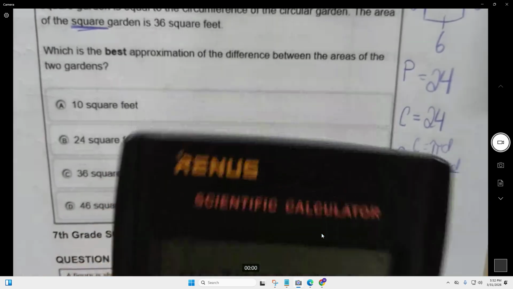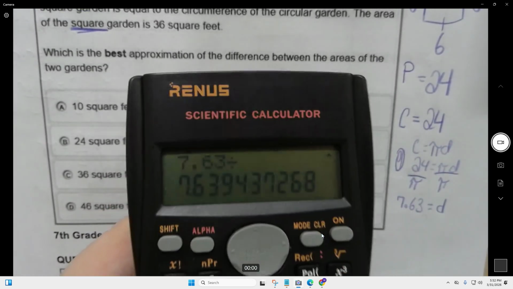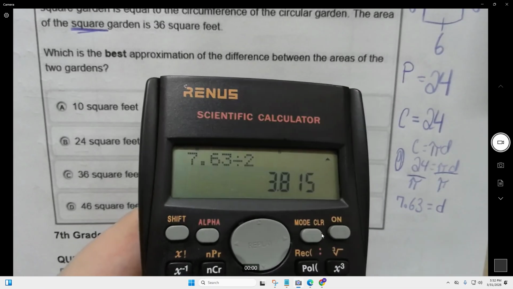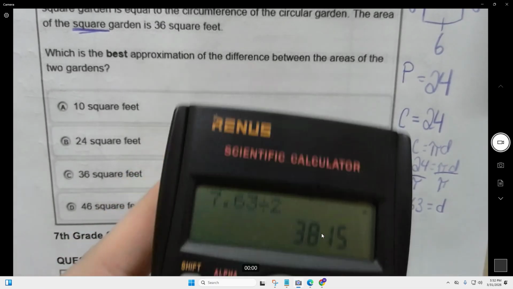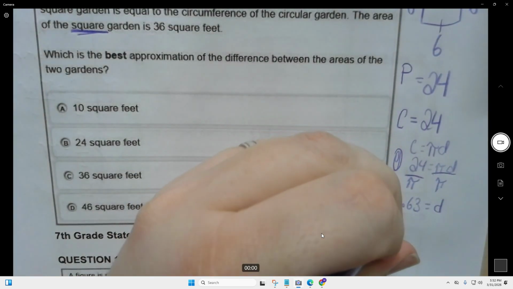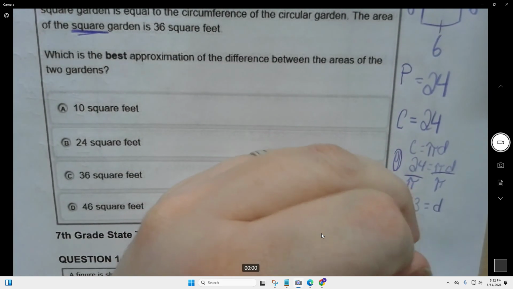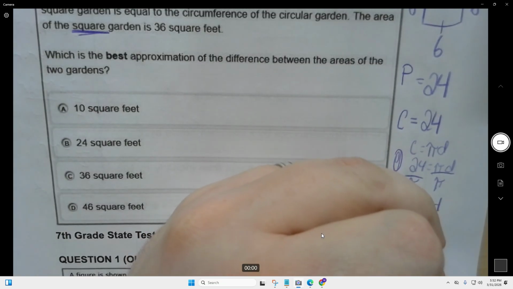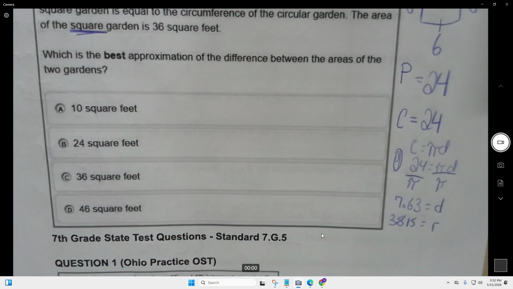This is a very tough question. There's a lot going on. But stay focused. 3.815. That's your radius. Actually, I skipped a step. I made this more complicated than it needed to be.